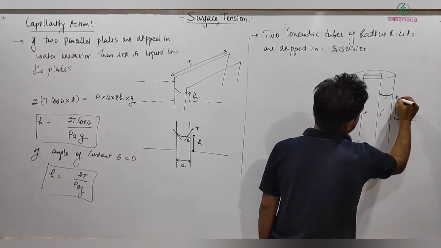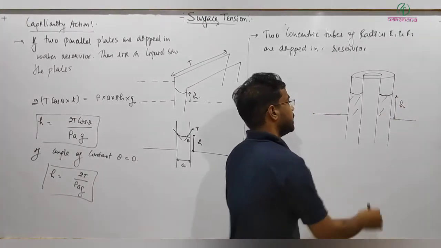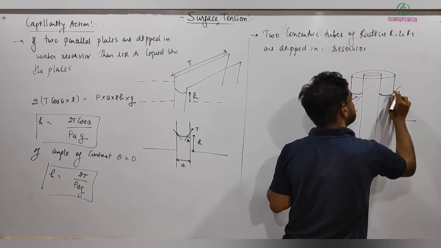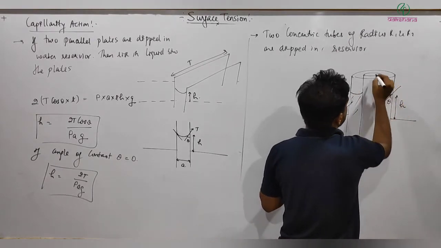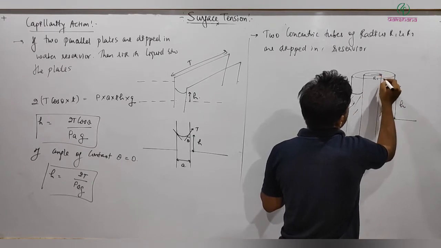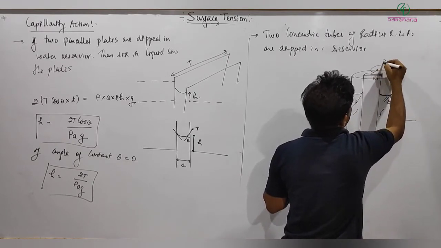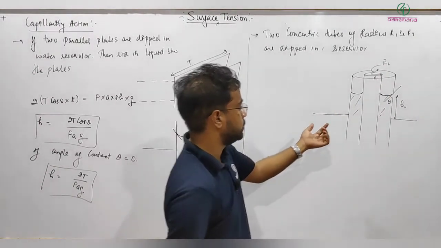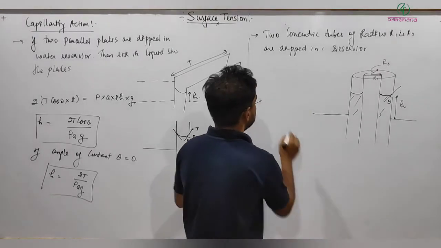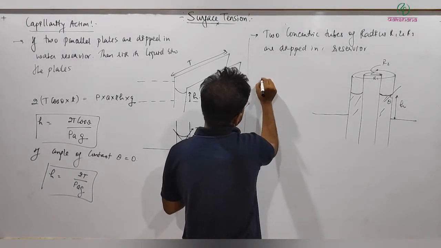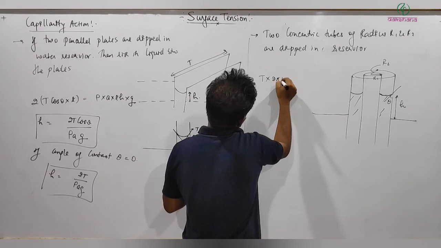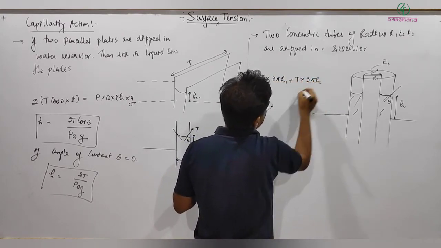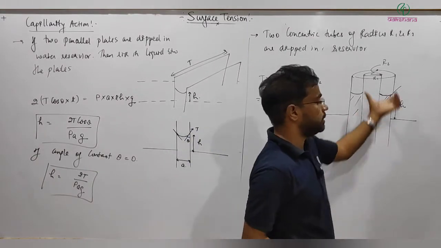Here also, if the angle of contact is theta, with this radius R1 and the outer radius R2, we can write that the net upward force will be equal to the weight of this liquid. So the upward force is T into 2 pi R1 plus T into 2 pi R2, and this should be equal to the weight of the liquid rising.